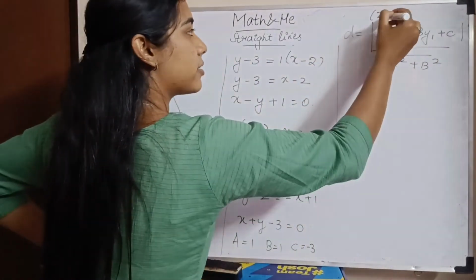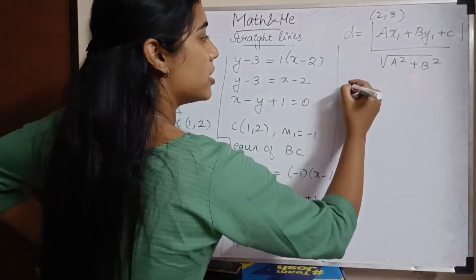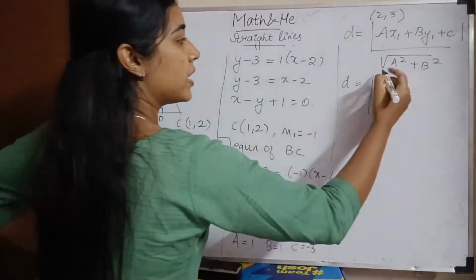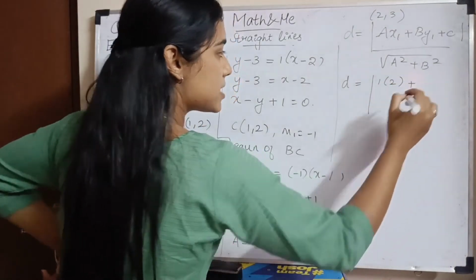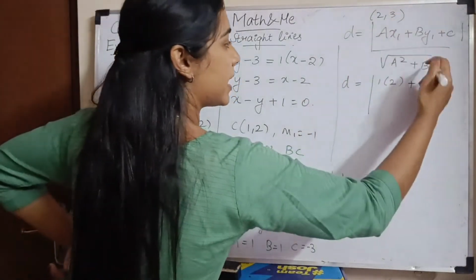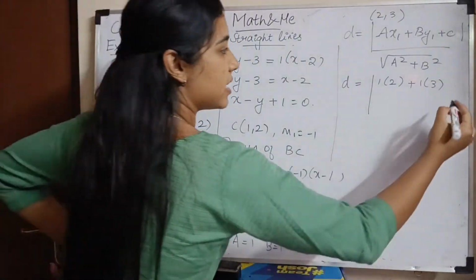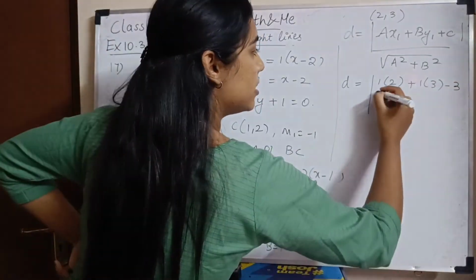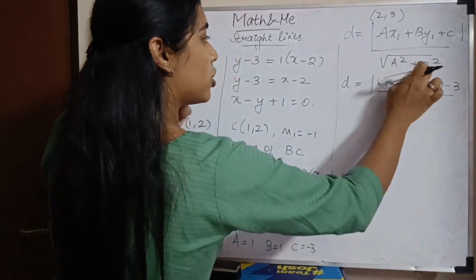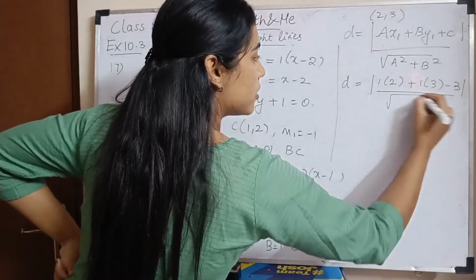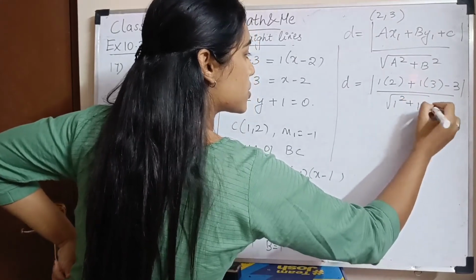So this is my point, which is x1 and y1. So the distance is a, which is 1 times 2, plus b, which is 1 times 3, plus c, which is minus 3, divided by the root of 1 square plus 1 square.